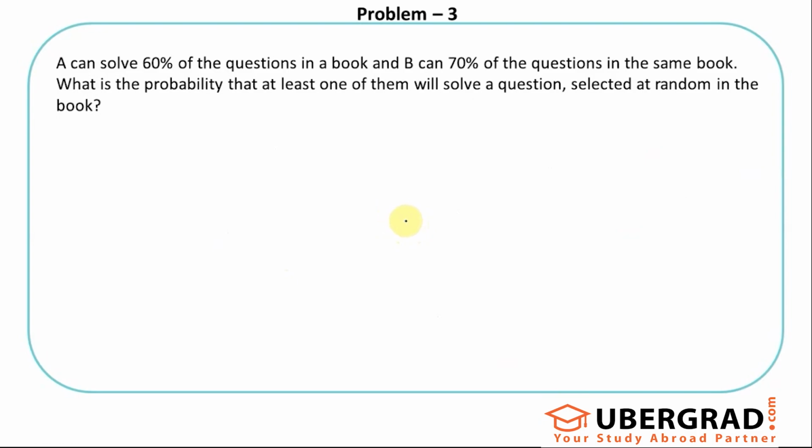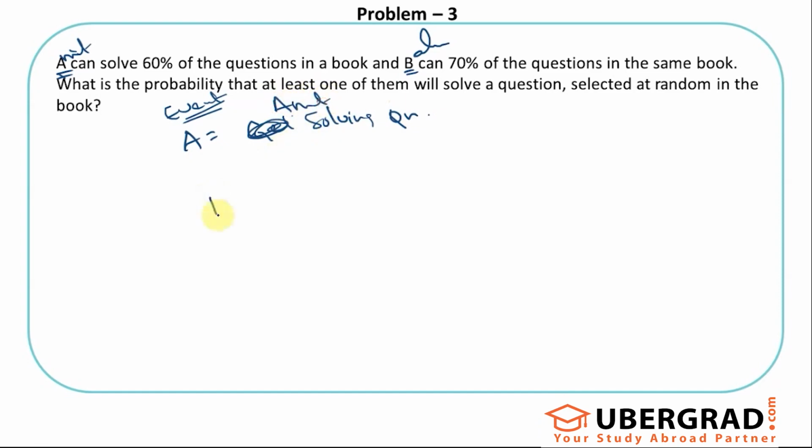A can solve 60% of the questions in a book and B can solve 70% of the questions in the same book. What is the probability that at least one of them will solve a question selected at random in the book? These are two people, so let me call them Amit and Balu, just to make it easy for you. Event A is Amit solving the question.